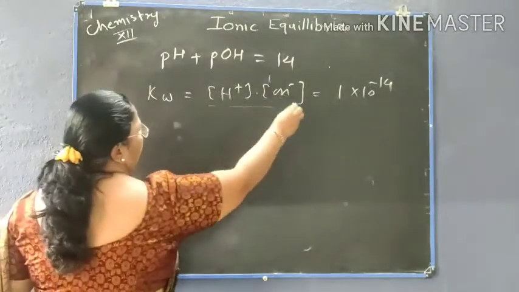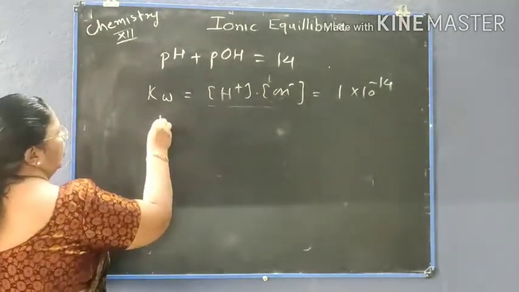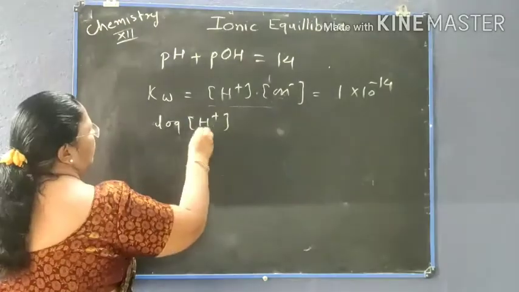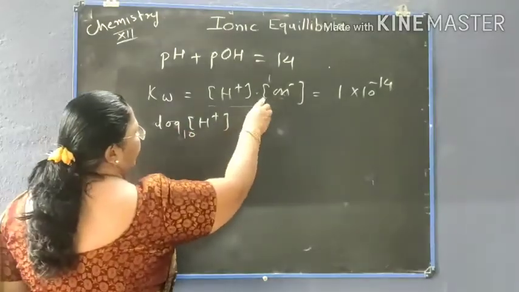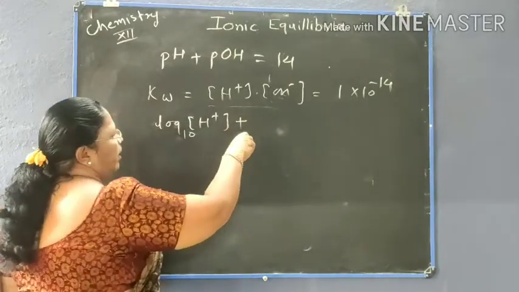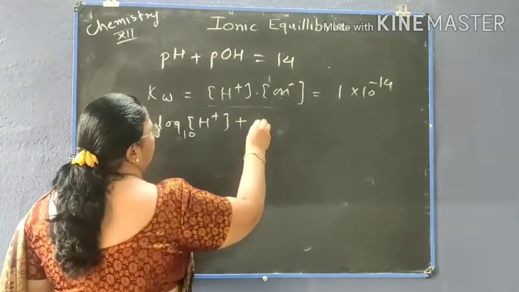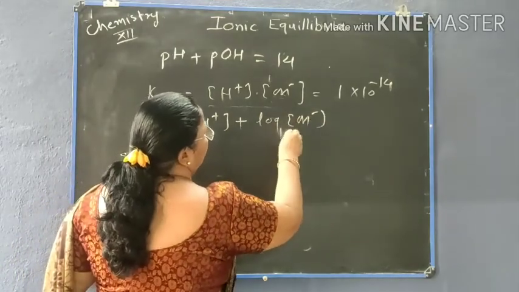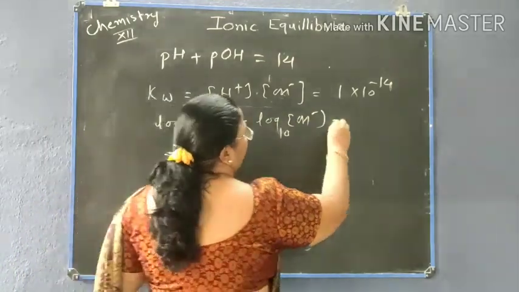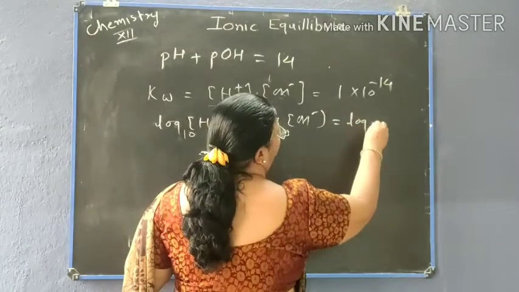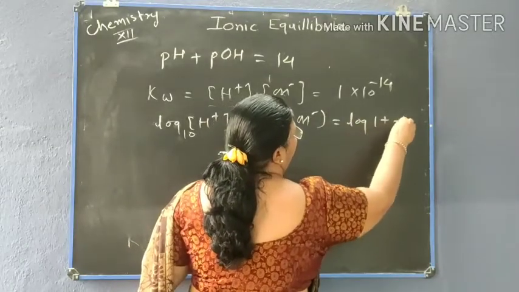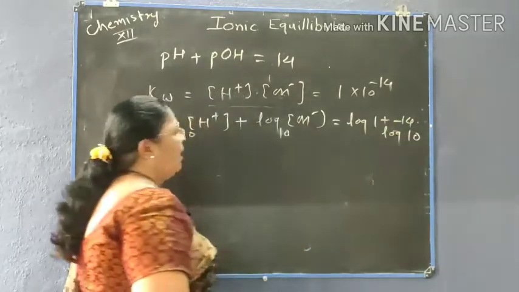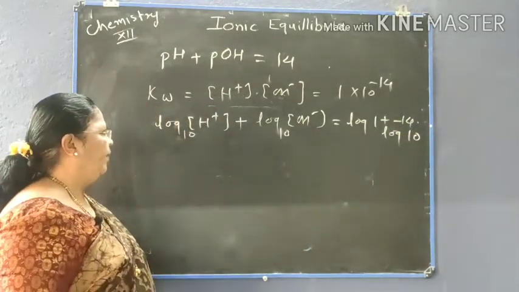Take the logarithm on both sides. You can write log of the concentration of H plus ions to the base 10, and since it is multiplication, take the addition, plus log of the concentration of OH minus ions to the base 10, which is equal to log of 1 plus minus 14 into log of 10.